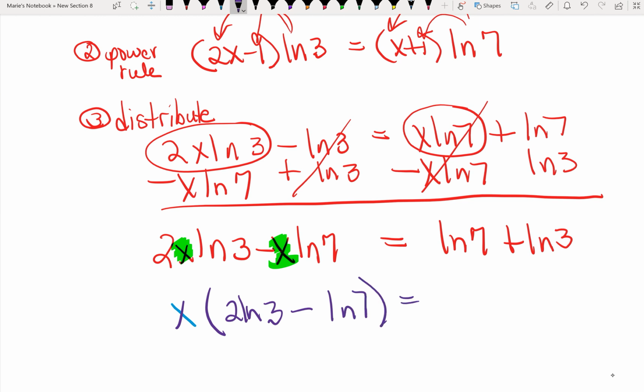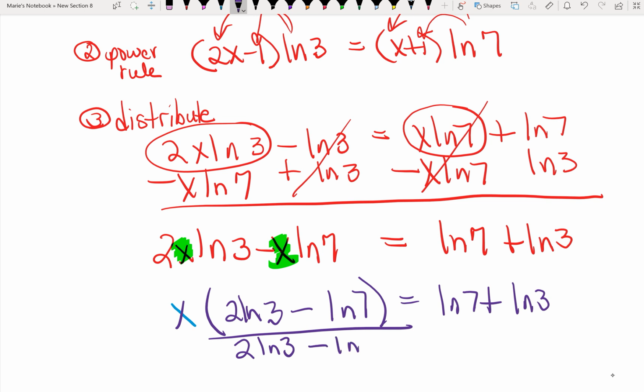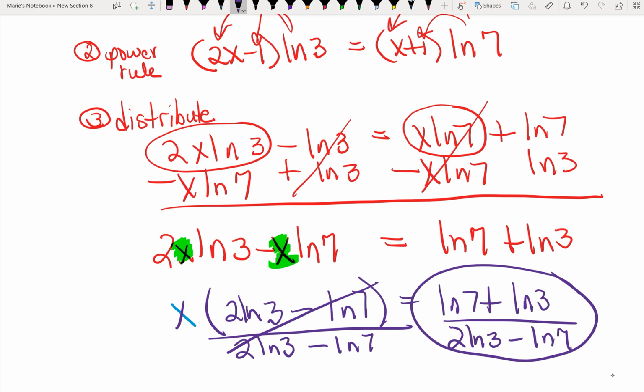And this is now equal to the natural log 7 plus natural log 3. Dividing by 2 natural log 3 and natural log 7, negative of course, on both sides. So it cancels on this side. Now I can throw this in the calculator, which I recommend you practice as often as you can.